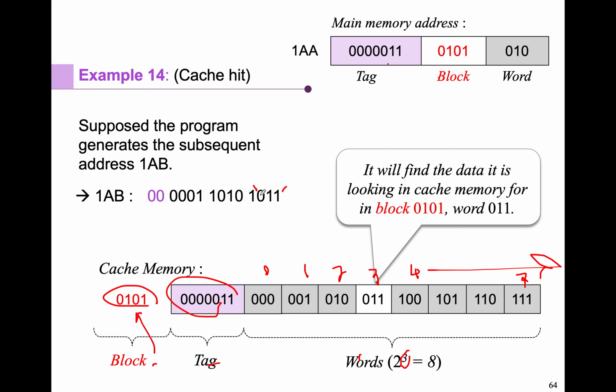So you can see 1, 2, 3: 3 bits are for the words, and another 4 bits, 0 1 0 1, are the block, and this is the words, and you have the rest as the tag. This is if it's under cache hits.